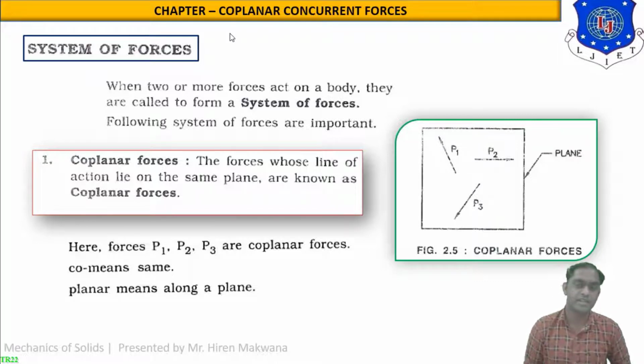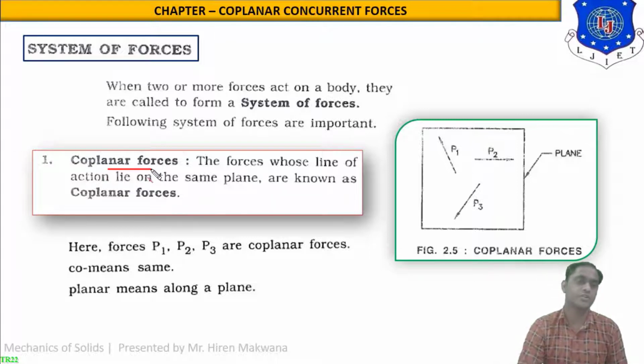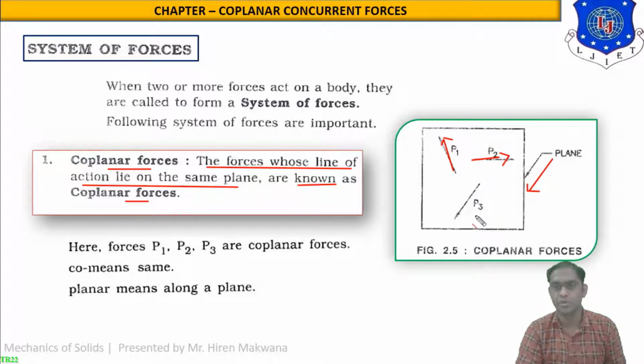You can see in the figure as well, and you can see the first system of forces, which is coplanar forces. What is the definition of coplanar forces? The forces whose lines of action lie on the same plane are known as coplanar forces. So this is the plane in which force P1, force P2 and force P3, all the forces are lying in the single plane.